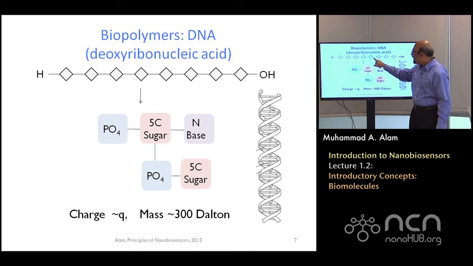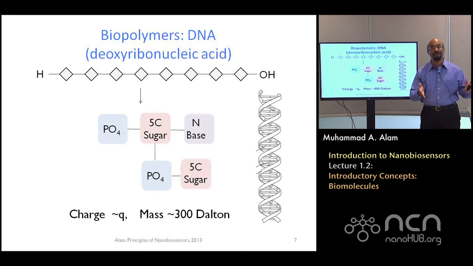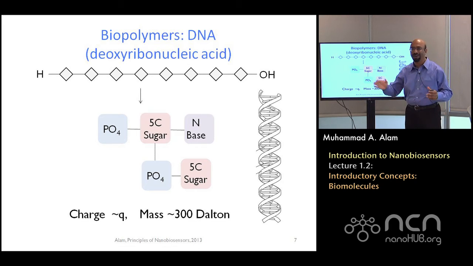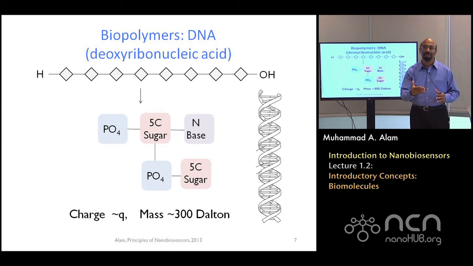Bottom line, each one of them carries a charge on the order of 1 to 2 electronic charges. So if you had, let's say, 300 base pair long DNA, then the charges will be 300Q to 600Q, somewhere in between, depending on the pH condition that we'll discuss a little bit later.